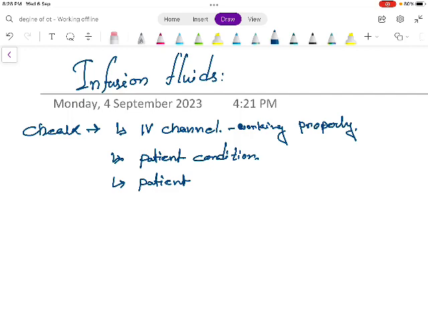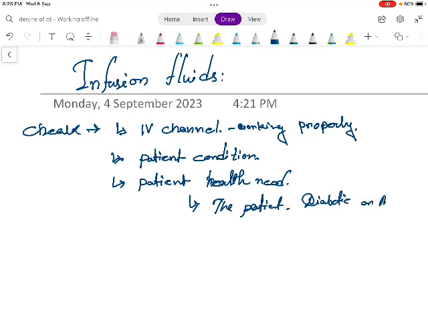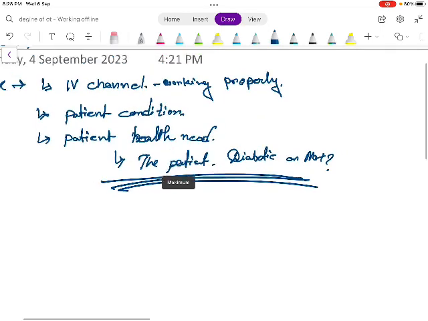So we have to check whether the patient is a heart disease patient or not. Mainly, is the patient diabetic or not? This is the main important thing you have to check and know. If you give the wrong fluid to a diabetic patient, it must cause a huge problem for the patient's health during the operation, right?